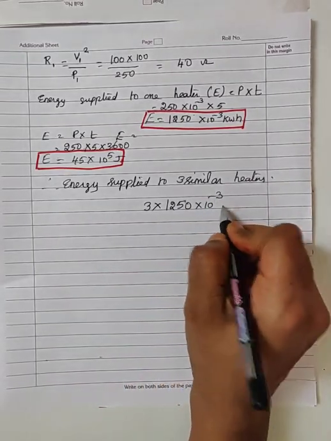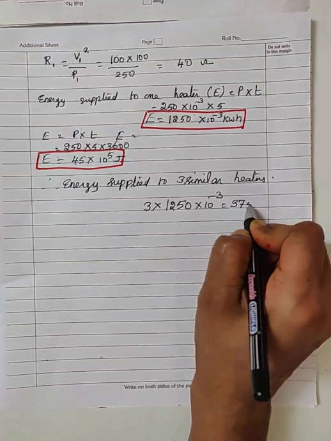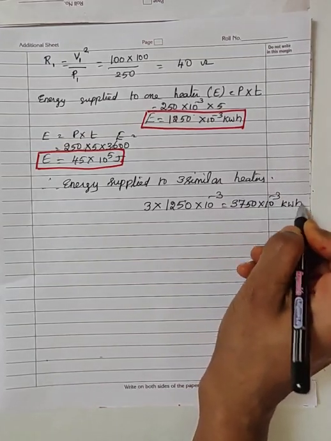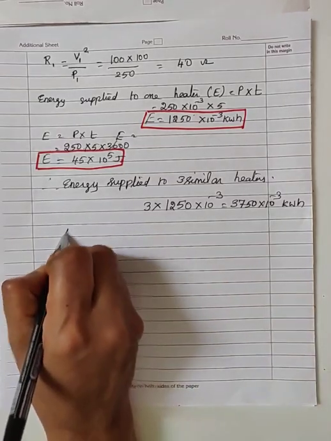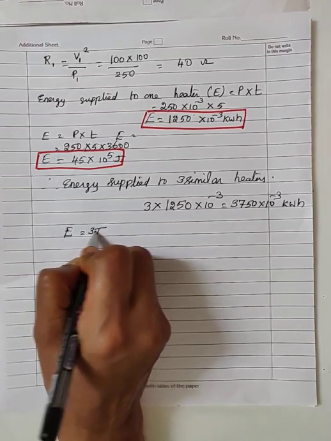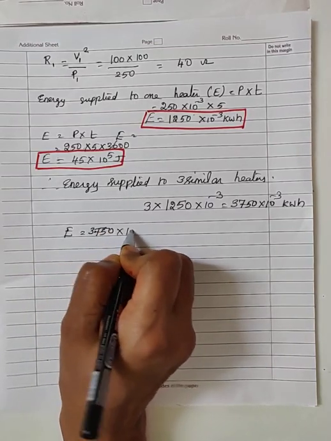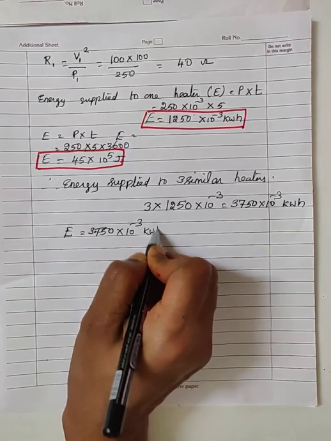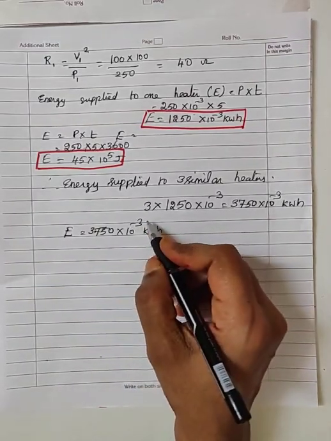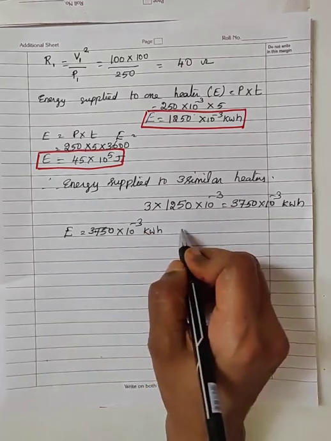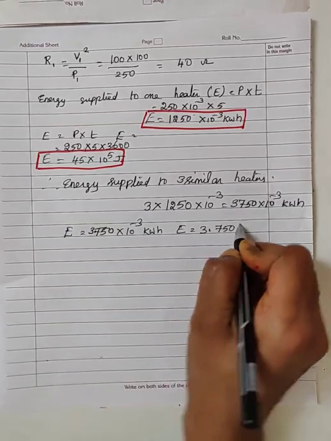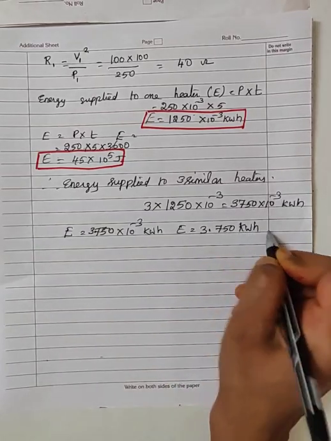On multiplication we will be getting 3750 into 10 power minus 3 kilowatt hour. This is the energy consumed by all the three heaters. E is equal to 3750 into 10 power minus 3 kilowatt hour. This can also be written by removing this 10 power minus 3, that is, you divide it by 1000, then the answer will be E is equal to 3.750 kilowatt hour.